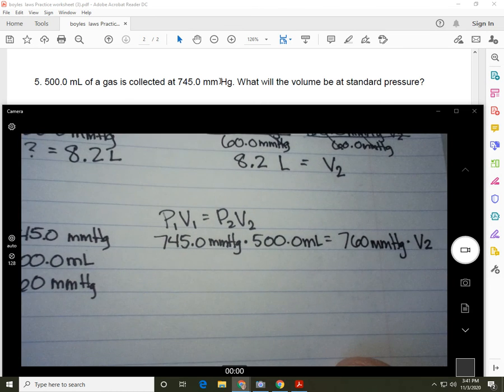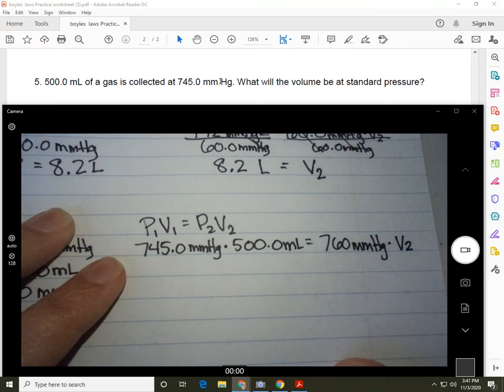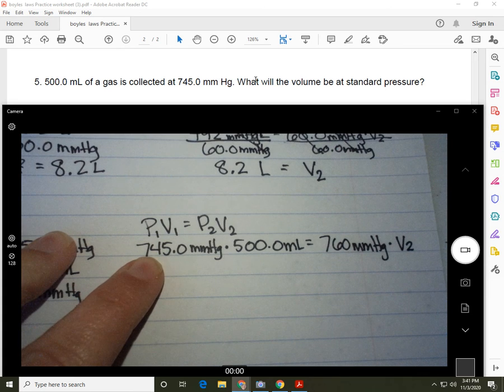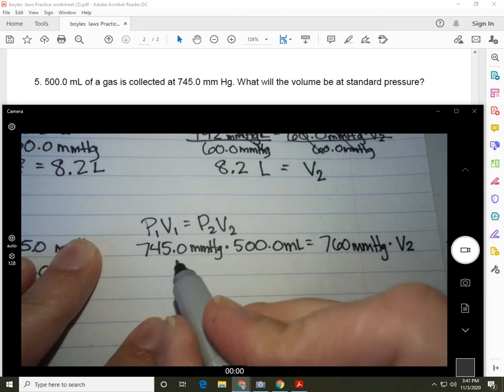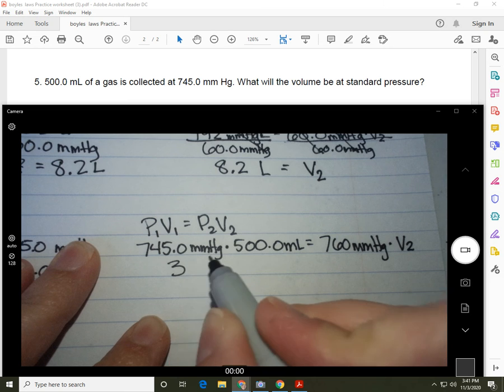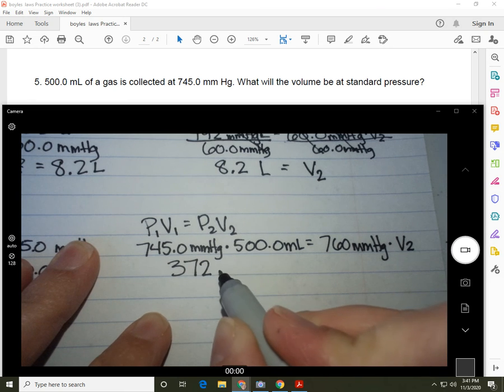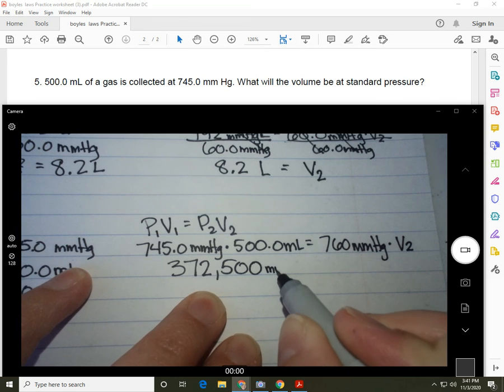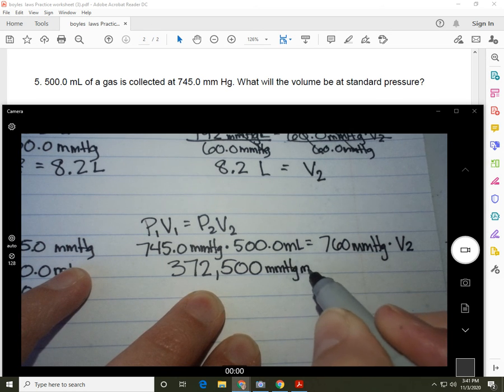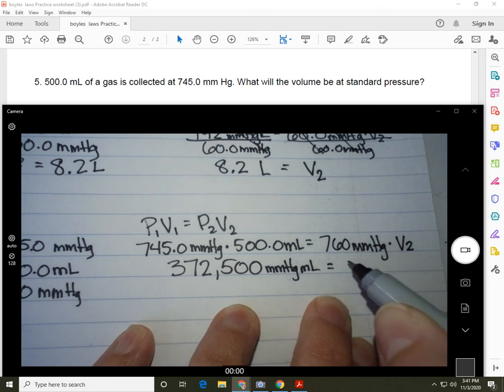So then if we do 745 times 500, we get this big number, 372,500. We have to keep our units because we haven't lost them yet. We haven't canceled them or anything yet.